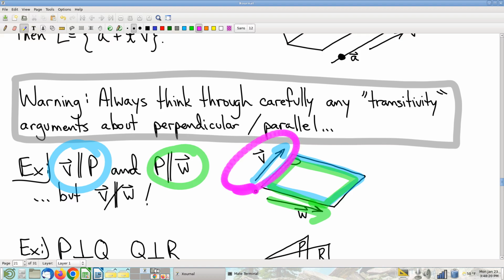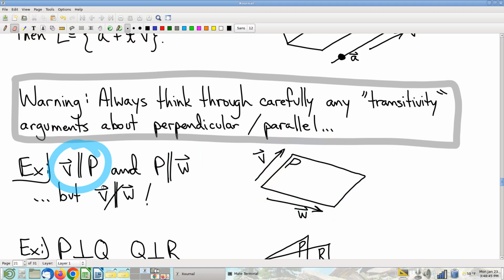Does that mean there needs to be any relationship between these vectors at all? Nope, not at all. Maybe they're parallel, maybe they're perpendicular, maybe they're neither. We've got no relationship between V and W. This is what I like to call a transitivity landmine. It feels like it ought to be true, but it isn't.